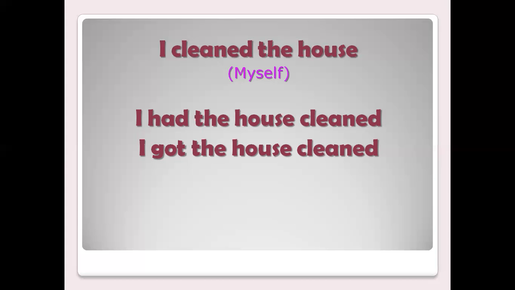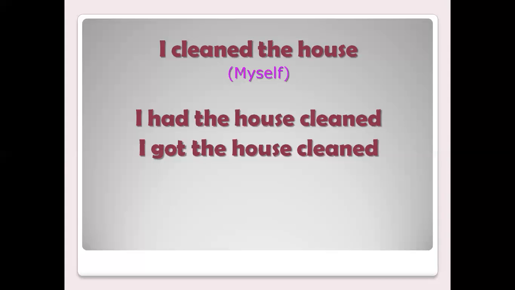It's so similar to the passive voice. If you know the passive voice, it speaks about something or someone else, or things that happened by someone else that it's not important to mention. So instead of saying a cleaner cleaned the house, we can say, I had the house cleaned or I got the house cleaned.